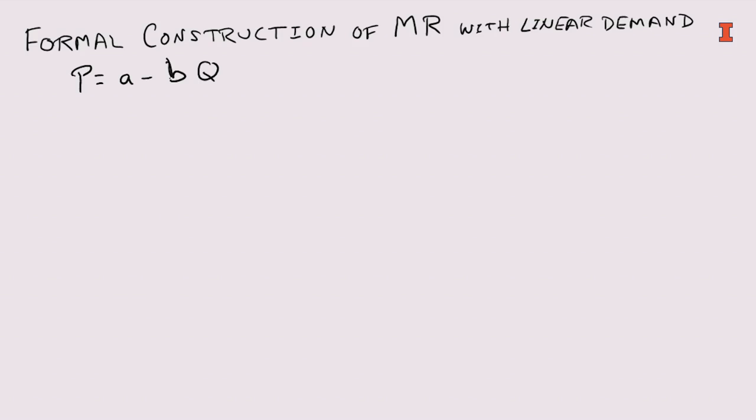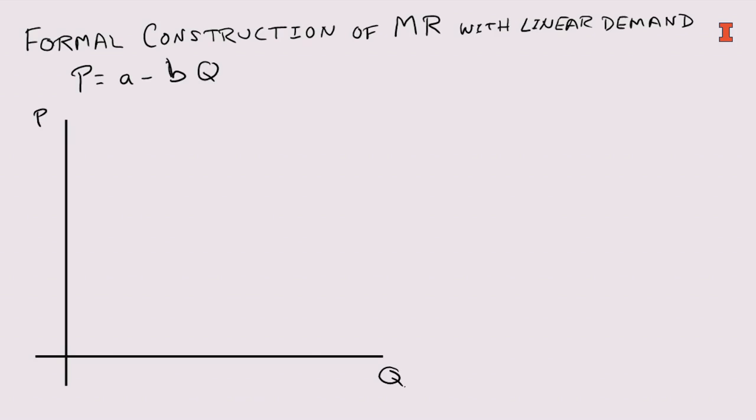I'll draw something like this, and I know that my demand curve, this is demand, has a vertical intercept of A. The vertical intercept is that first term, and the slope is equal to minus B. That comes from here. This is the minus B, which is the slope. It's a simple straight line.